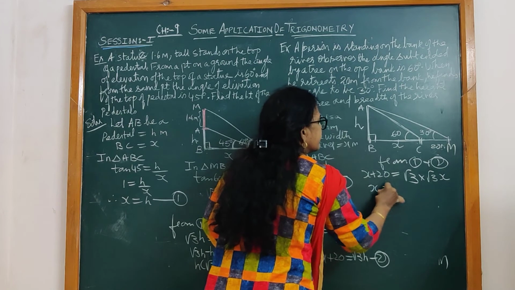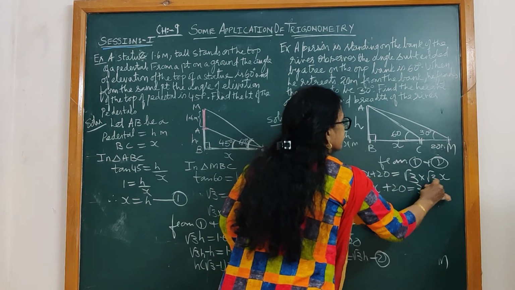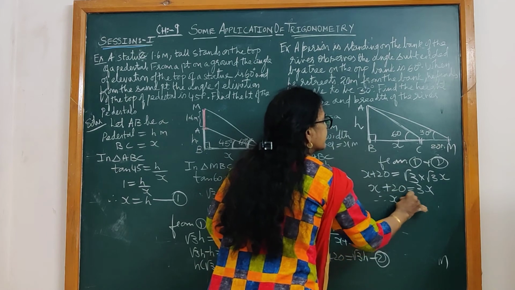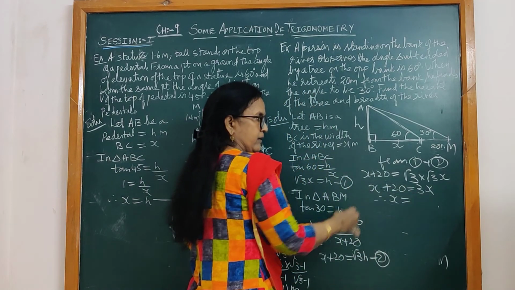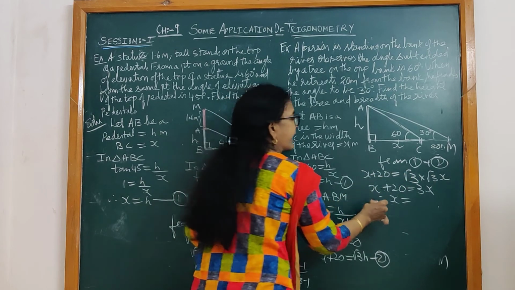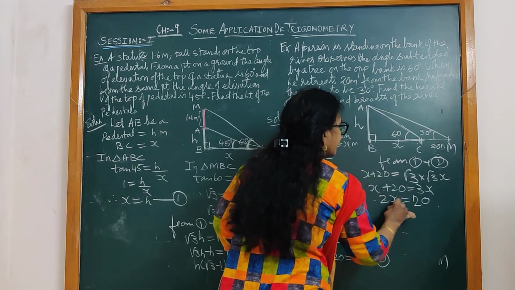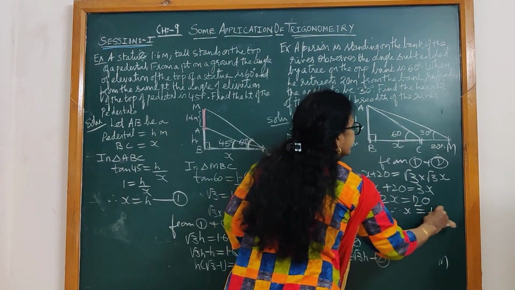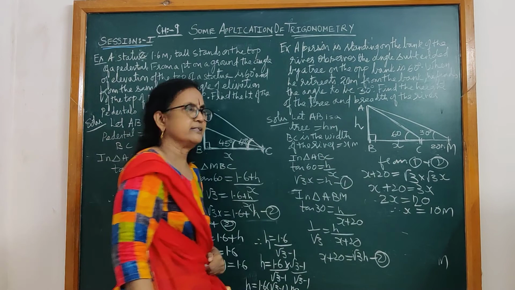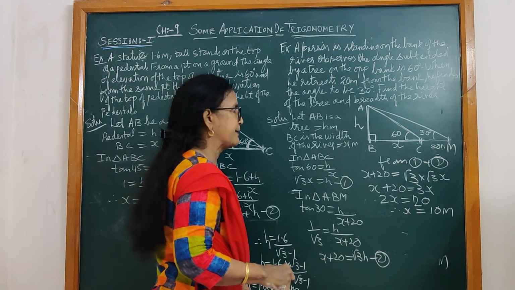So x plus 20 is equal to 3x. Therefore 3x minus x, you will get 2x is equal to 20. Therefore, x is equal to 10 meter. That is your x, the width of the river. So the width of the river is 10 meter.